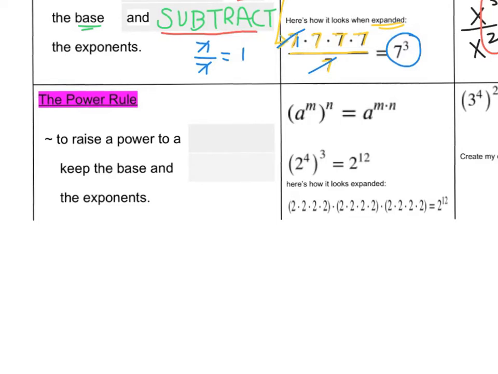So the property says to raise a power to a power, you're going to keep the base and multiply the exponents. So now we see two exponents or two powers. That's why we call it the power rule.